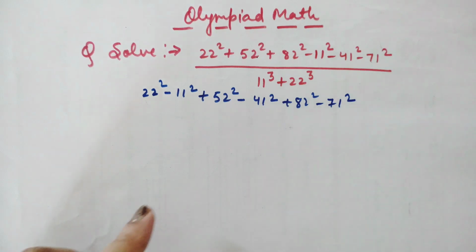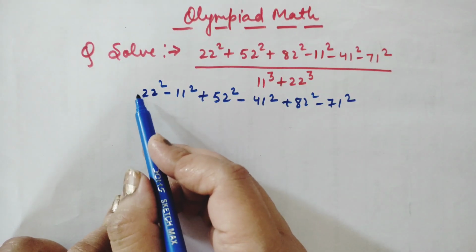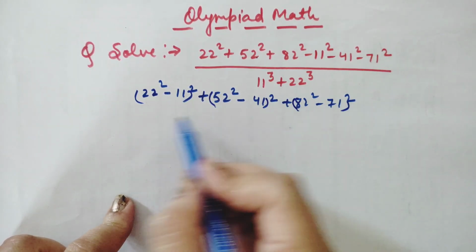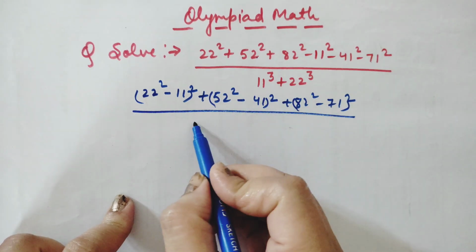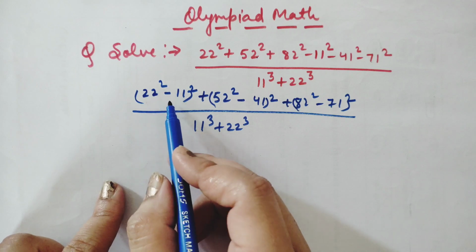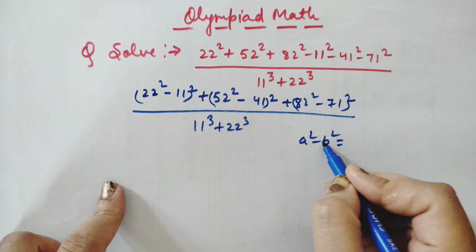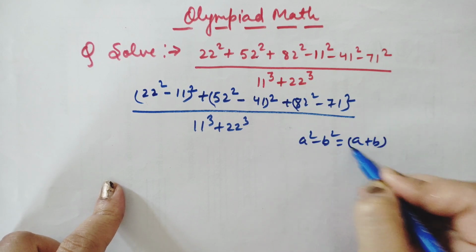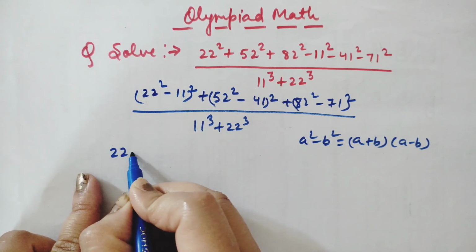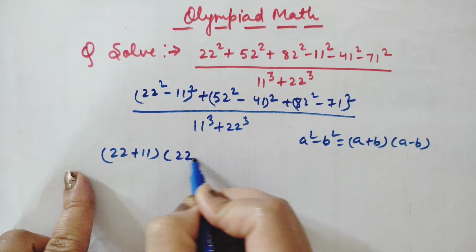Now you can see we are using the algebraic identity a square minus b square, and the 11 cube and 22 cube in the denominator are as they are. For 22 square minus 11 square we use the identity a square minus b square is equal to a plus b times a minus b. So that is 22 plus 11 and 22 minus 11.